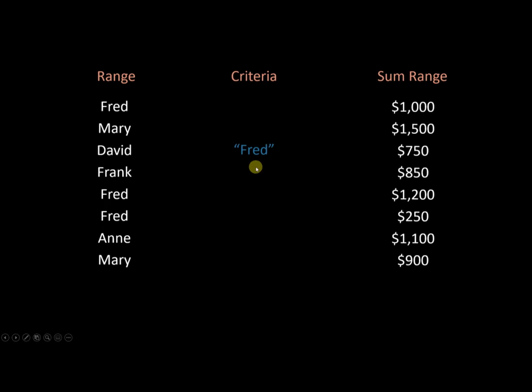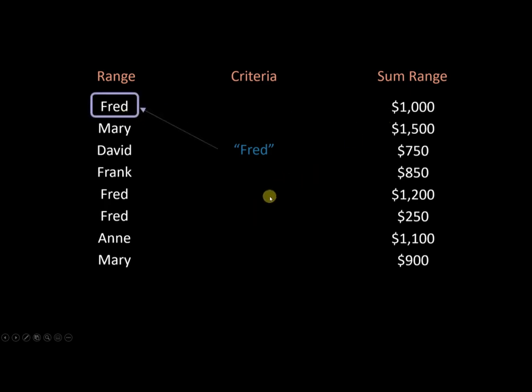So what happens within the SUMIF? When Excel executes the SUMIF, it will use this criteria to search through the search range. When it finds it, it adds the appropriate value. So let's have a look at an example.